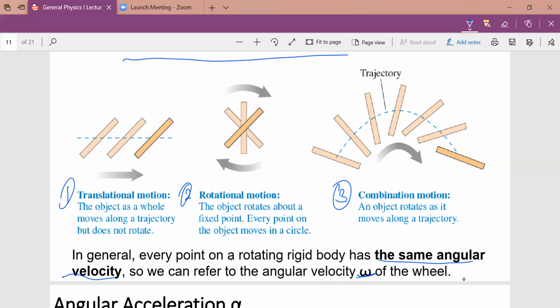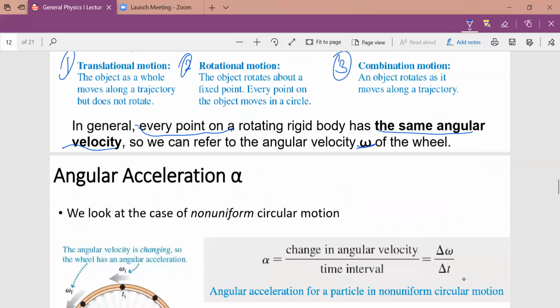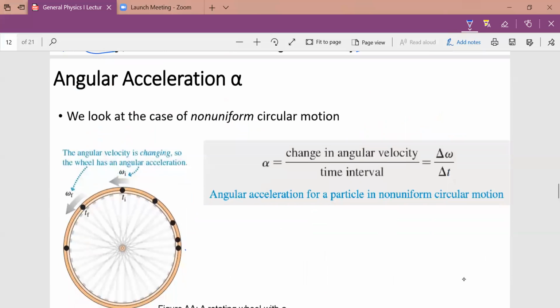If we're using this typical example of the bicycle wheel, we can just refer to the angular velocity of the system because at every point of a rigid body, it will have the same angular velocity. So we can just use the word angular velocity to describe the motion of the system because at every point we will have the same thing.